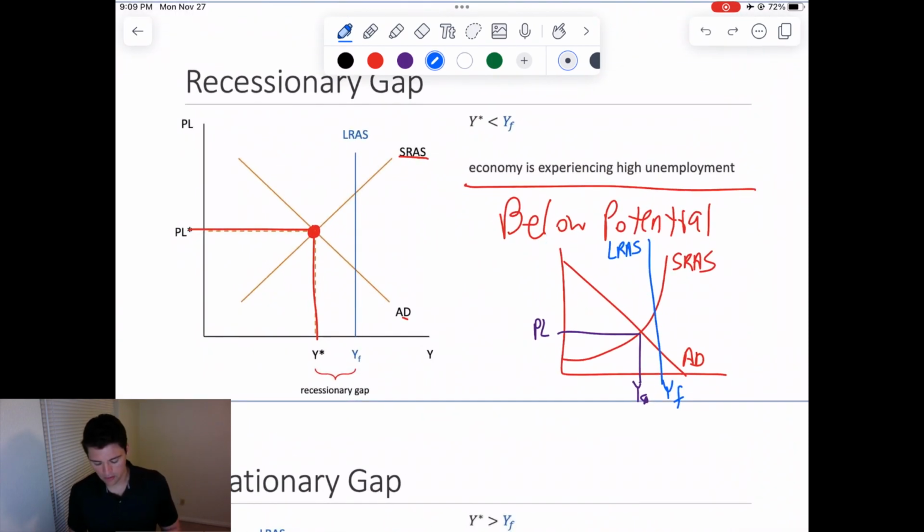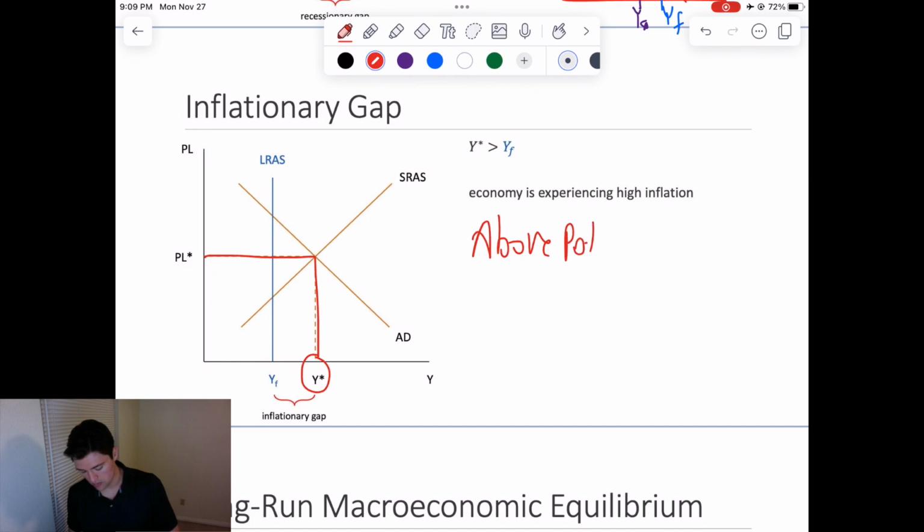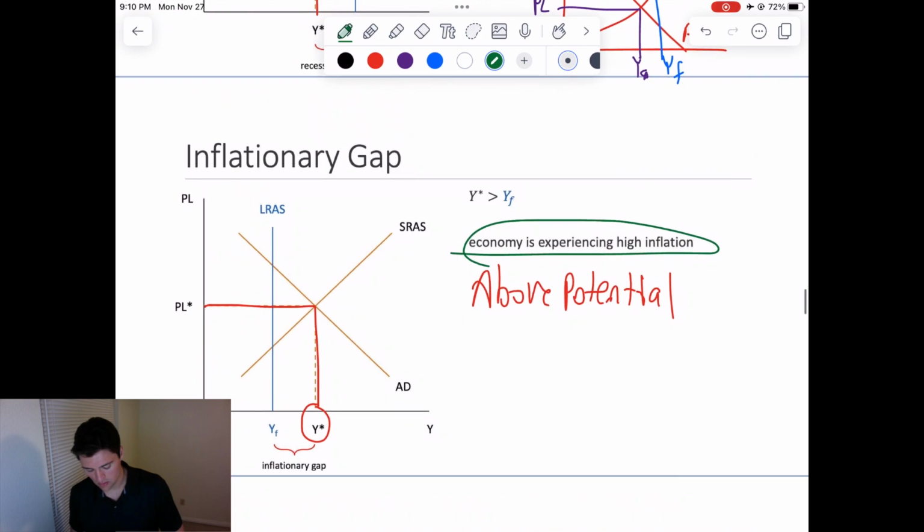An inflationary gap would be the other way. So this is where your current output is on the right. So now you are above your potential. And since you are above your potential, you are experiencing very high inflation. Okay? So if you're in the inflationary gap, your wages and your input prices are very high.